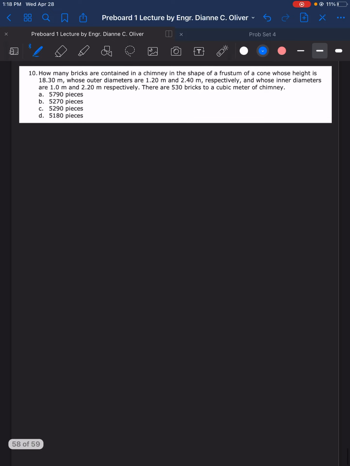So how do we solve this? A while ago, we were able to have the volume of the frustum of a cone. And the volume of a frustum of a cone is pi h over 3 times the small radius squared plus the bigger radius squared plus small radius times bigger radius. Then let's put in the givens.